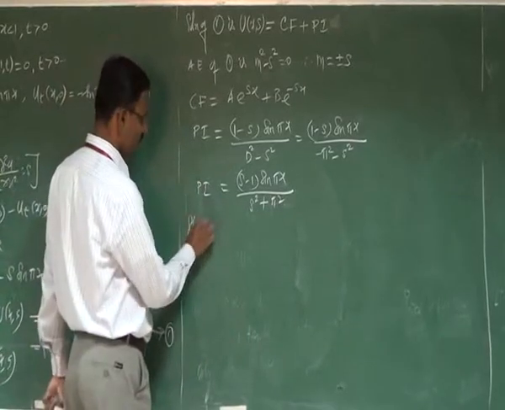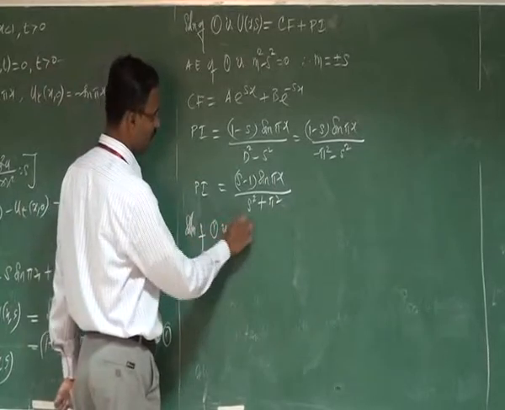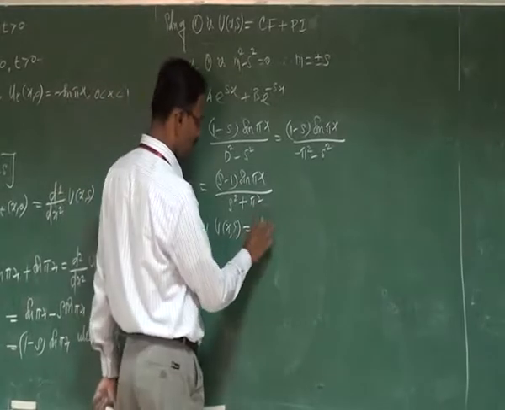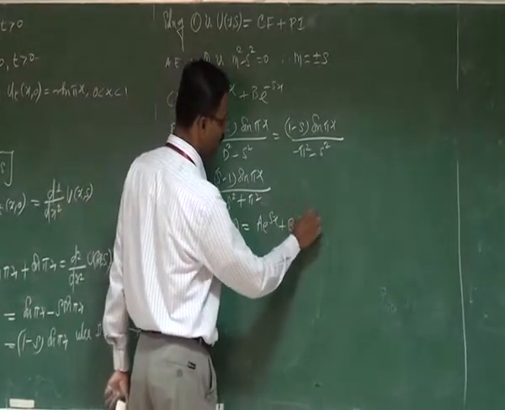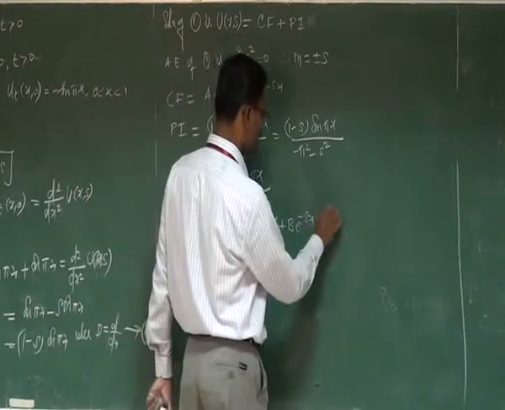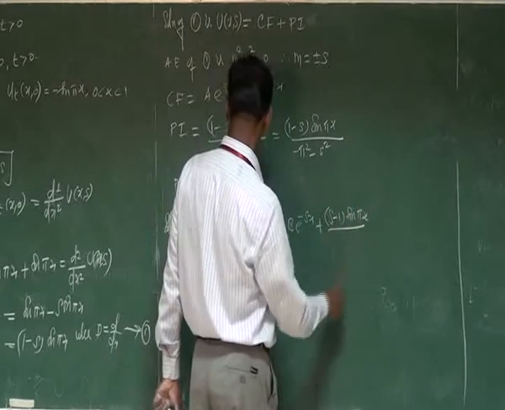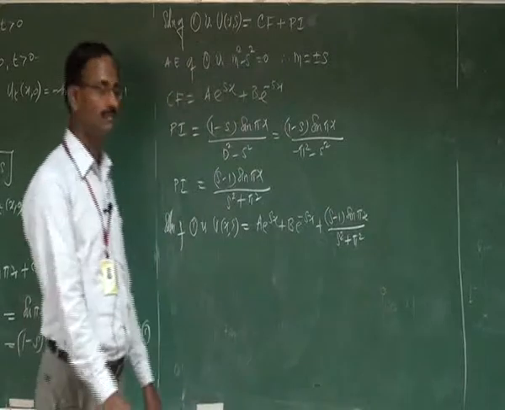So the solution of equation number 1 is u of x comma s equals a into e power sx plus b into e power minus sx plus s minus 1 into sin pi x divided by s square plus pi square.